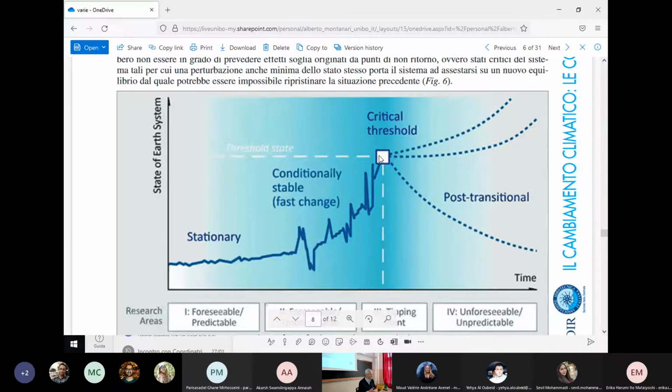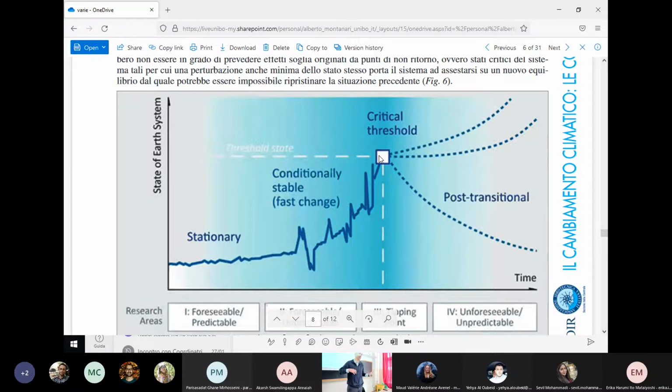Certain states of the Earth system may have more than one equilibrium situation. In the case of aquifers, we have an equilibrium situation, which is the current one that we find. But there is another equilibrium situation where groundwater is dried up, and it's an equilibrium because if you pass a certain threshold, it may take 1,000 years to get back to the original equilibrium situation.